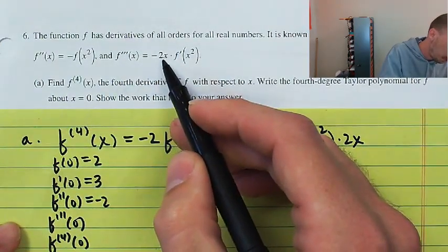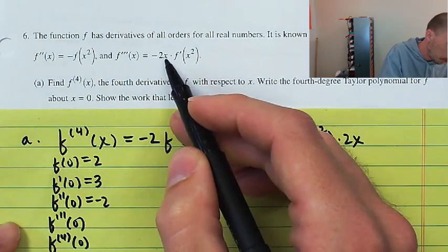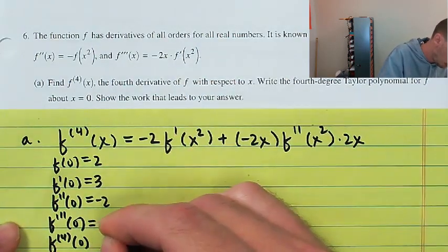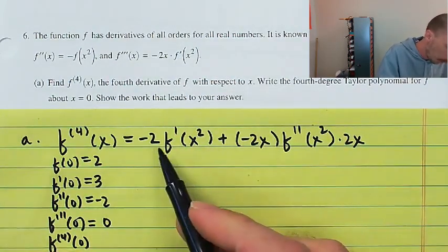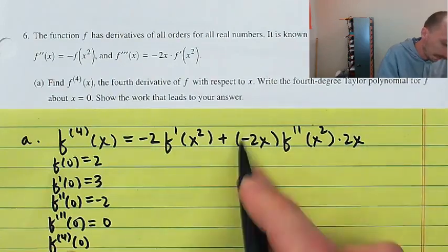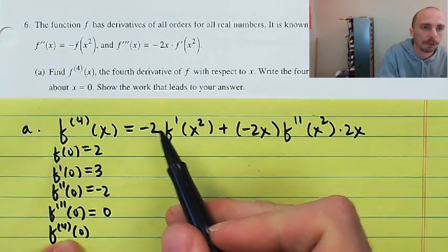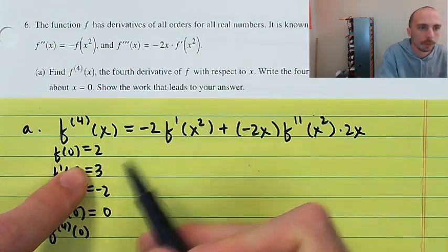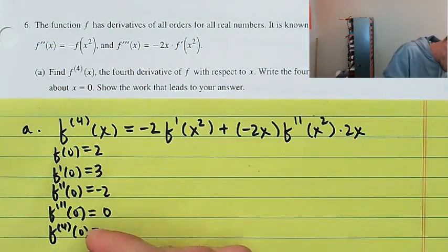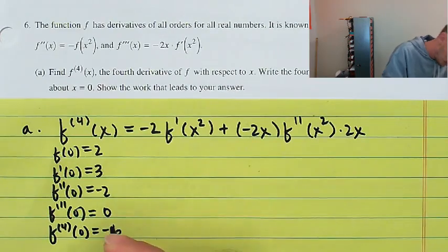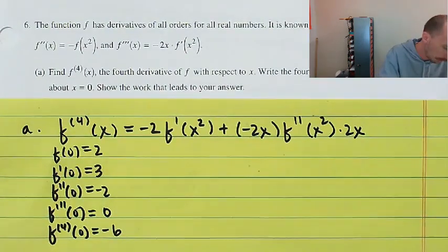F triple prime is negative 2x times f prime. Well, negative 2 times 0, okay, that'll be a 0. And f's fourth derivative would be, okay, that's going to have a 0 in it because of these x's. So really, it's just going to be negative 2 times f prime. So that's going to be negative 6. Oh, very interesting pattern here. I'm sure there's more to be taken from this.